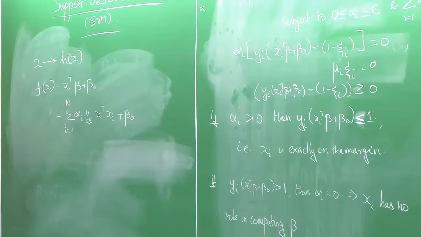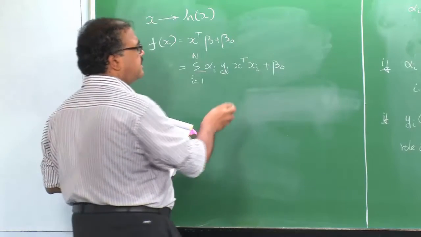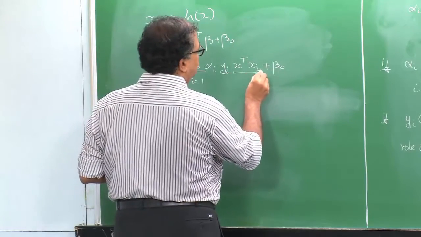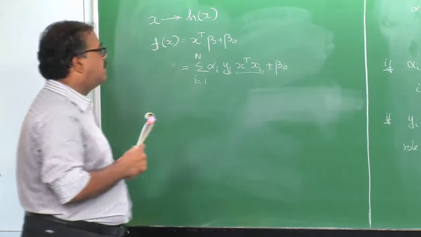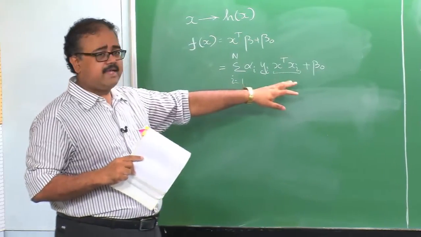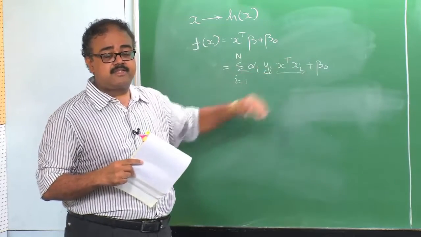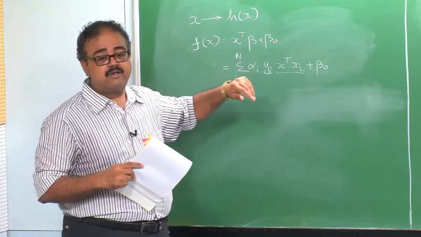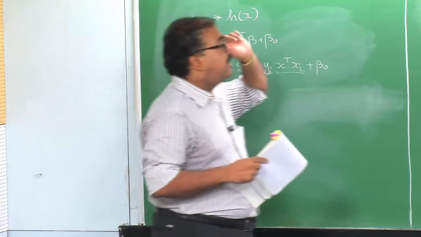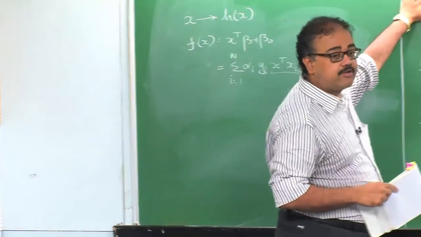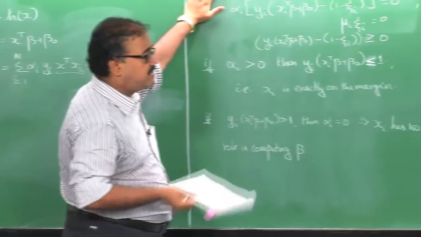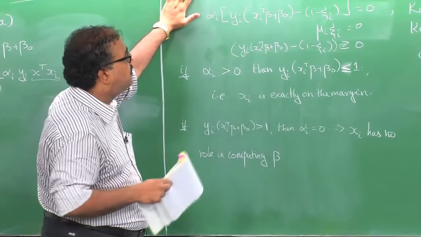So, if you look at it, interestingly, all the x's here appear as x transpose xi, which is essentially an inner product of the x's. And similarly, if you look at how we are solving the optimization problem, this is what we wrote down last time.